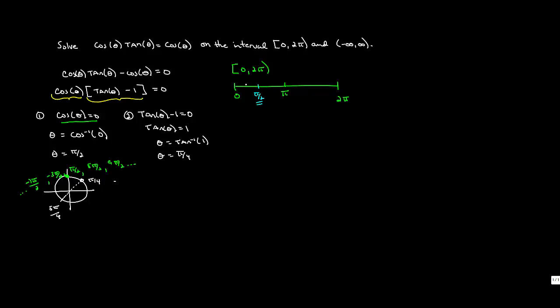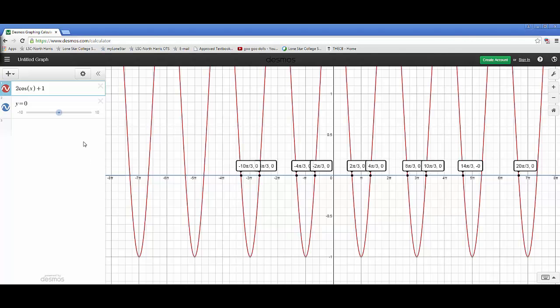So pi over 4 is a solution, and 5 pi over 4 is a solution as well on this interval. And that's it. So the answers are pi over 4, pi over 2, and 5 pi over 4.